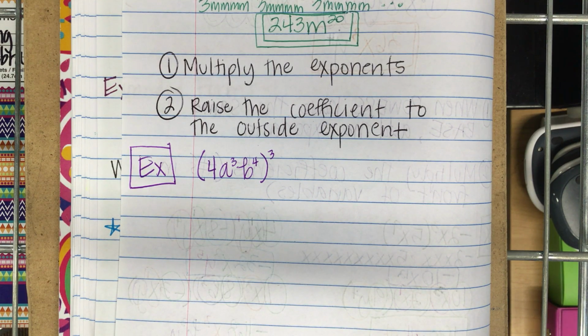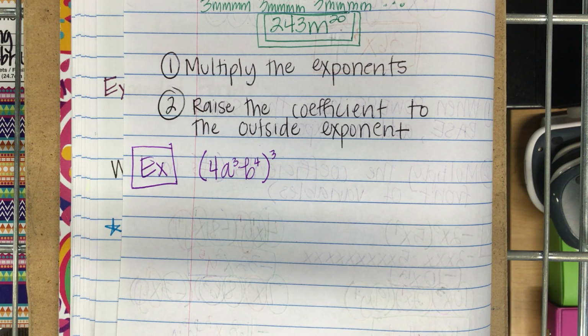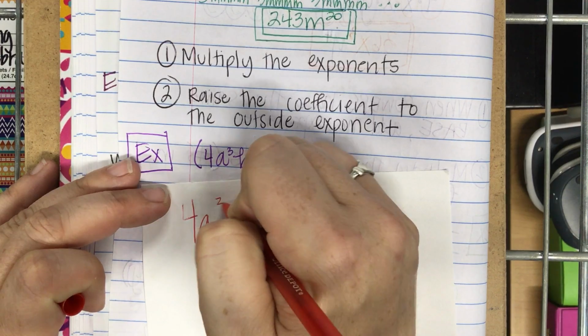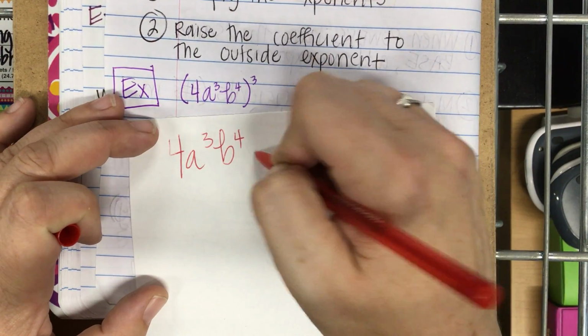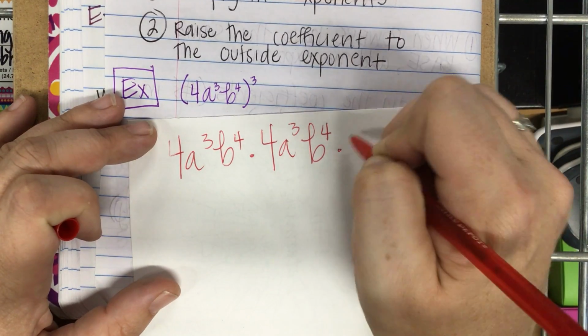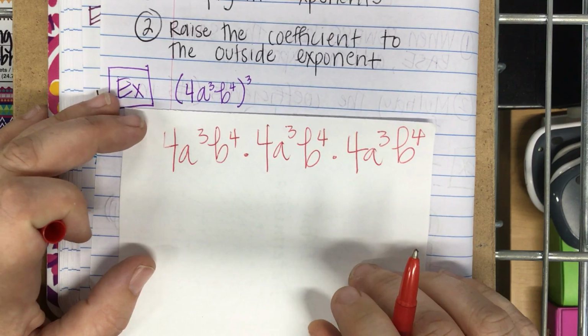So if you did not understand this rule, these shortcuts of multiplying the exponents and raising the coefficient, when in doubt, write it out. You could say 4a to the 3rd, b to the 4th times 4a to the 3rd, b to the 4th times 4a to the 3rd, b to the 4th, right?